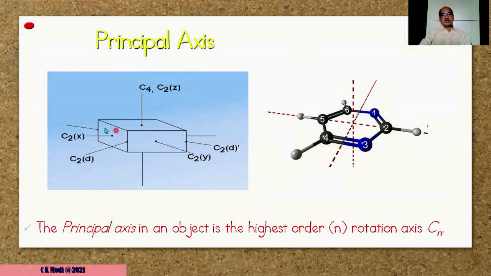Look at this example, the square planar molecule. Now, this is the square planar structure. In this square planar structure, a number of rotation axes are present. Look at this. The one axis which is passing through the center of that square planar, if I can rotate it around 90 degrees, after 90 degrees what will happen?